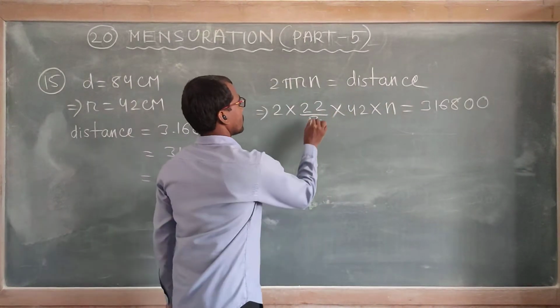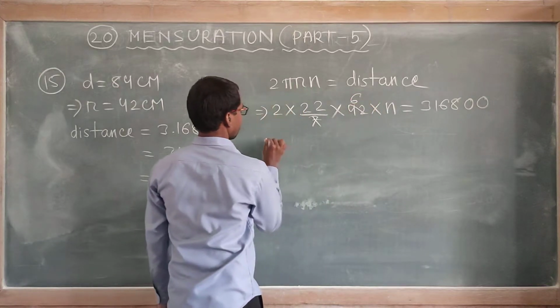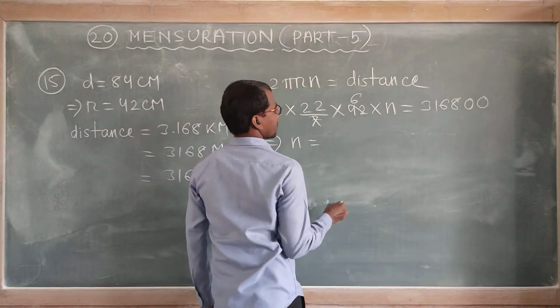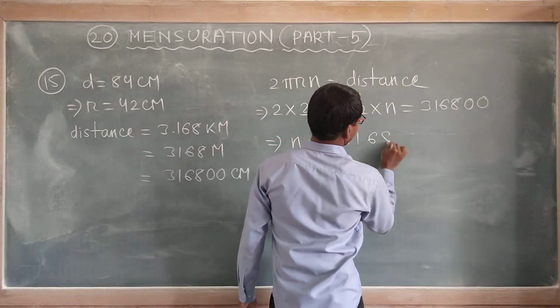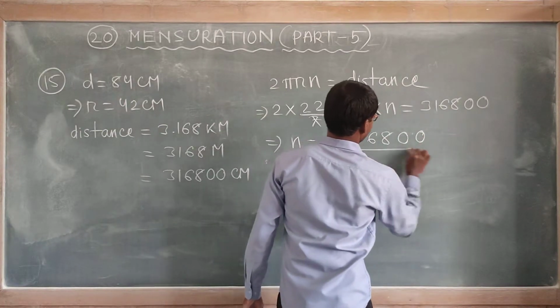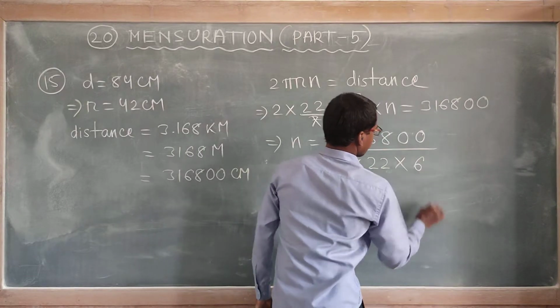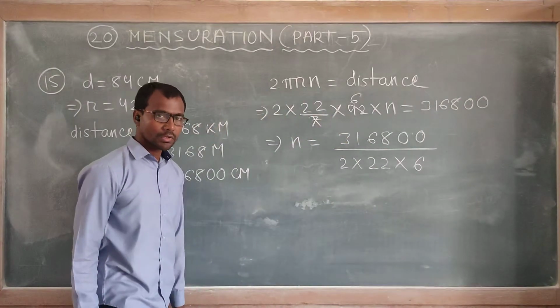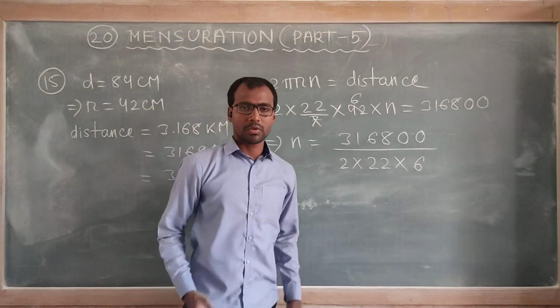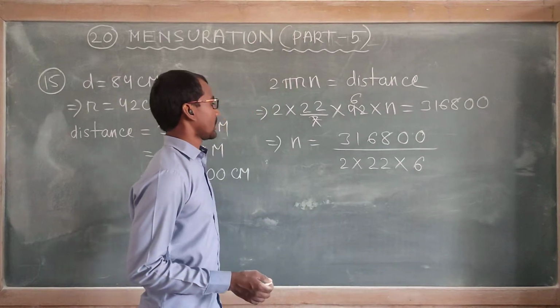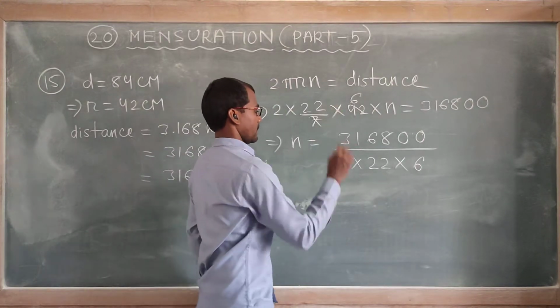Okay, so 7 into 6 is 42, so n is 316800 by 2 into 22 into 6. Do not multiply, because we are going to divide. Okay, now let us divide.